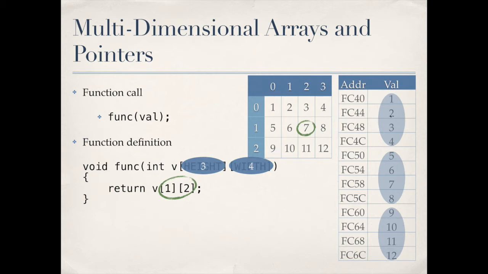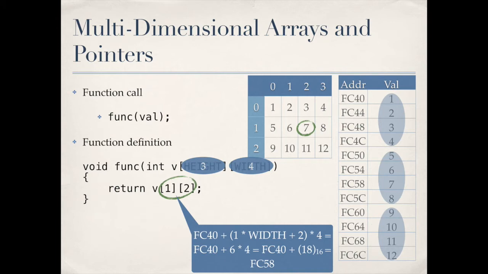So this is just taking one row and putting it into the memory, followed by the second row and so on. So this is how a two-dimensional structure is represented in memory.